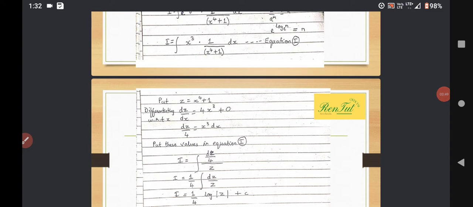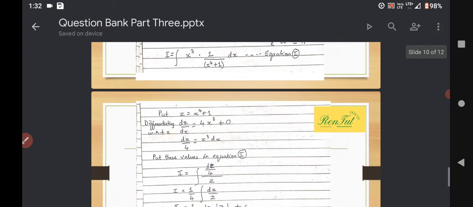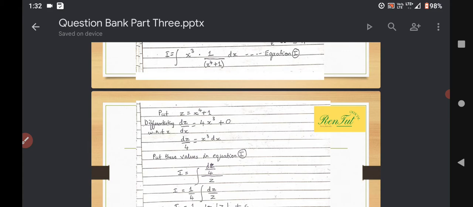Now we had seen this equation number 1. According to this equation, we have to do some kind of substitution. We put z is equal to x raised to 4 plus 1, substituting it as some alphabet, z.